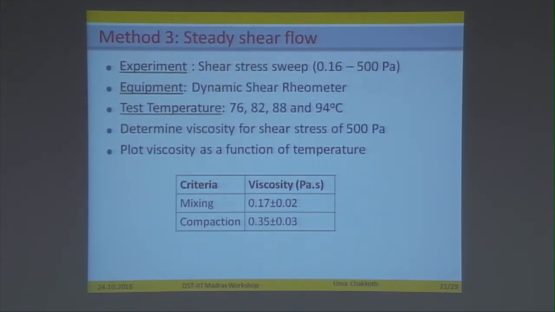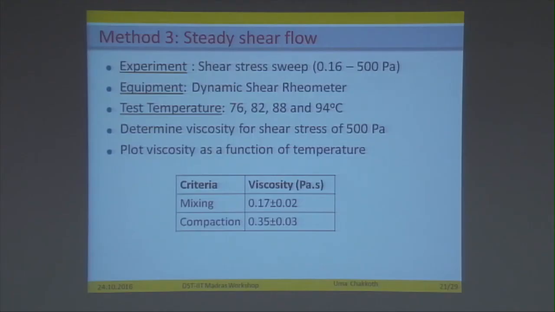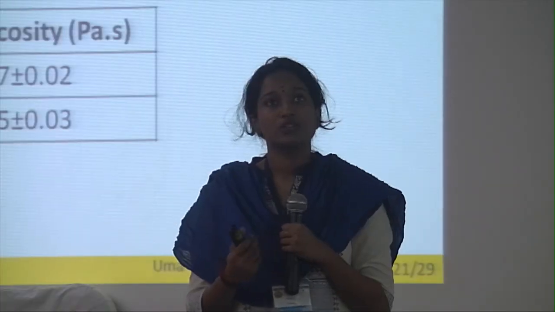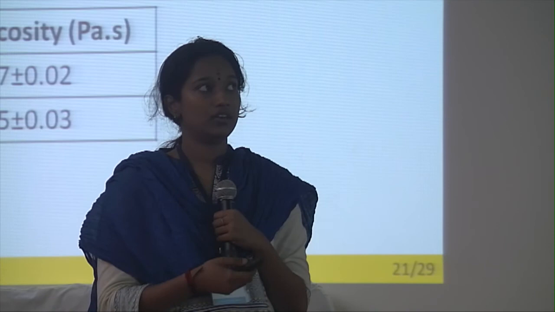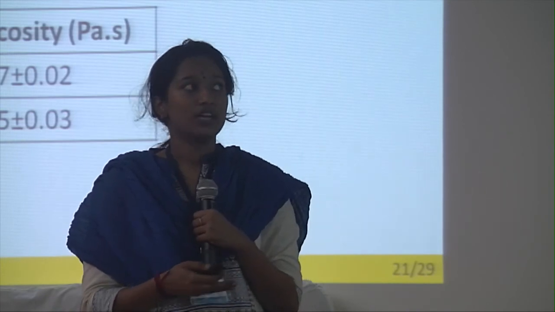So, when it comes to the steady shear flow method, a shear stress sweep is carried out. The experiment is carried out using a dynamic shear rheometer. As we saw earlier, a parallel plate assembly is used, and the test temperatures are 76, 82, 88 and 94 degrees Celsius, and from this we try to find out the viscosity for a shear stress of 500 Pascal. There is no model which they have suggested in order to extrapolate or something like that.